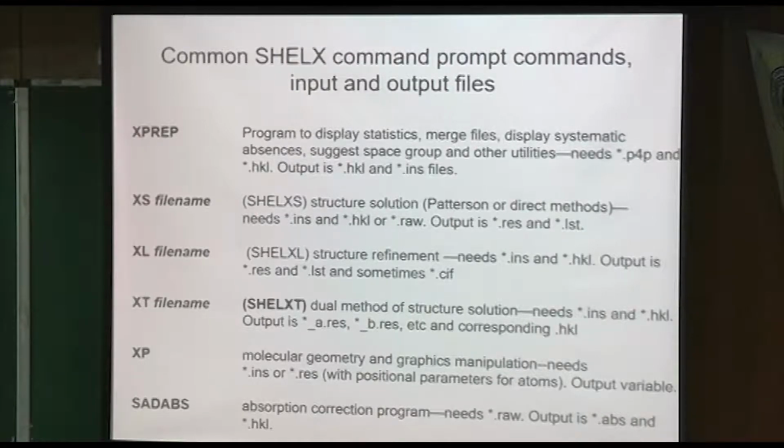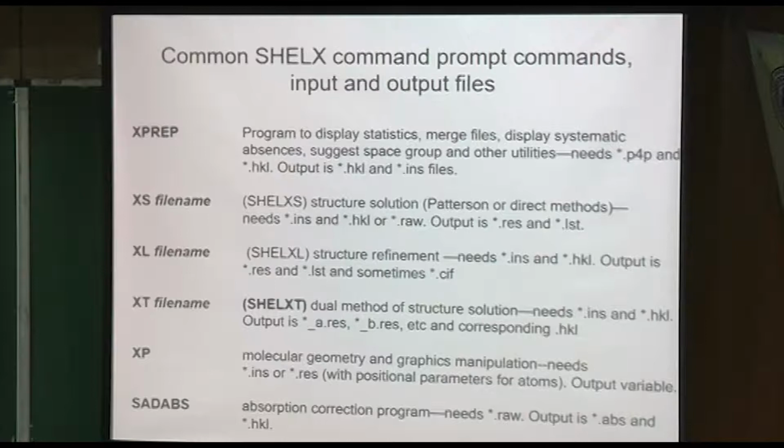Well, that works for a while. But the only things you need for running XPrep are the unit cell dimensions and your HKL file. One way to run it quickly without having to put those in is if you have the same file name for those two files.